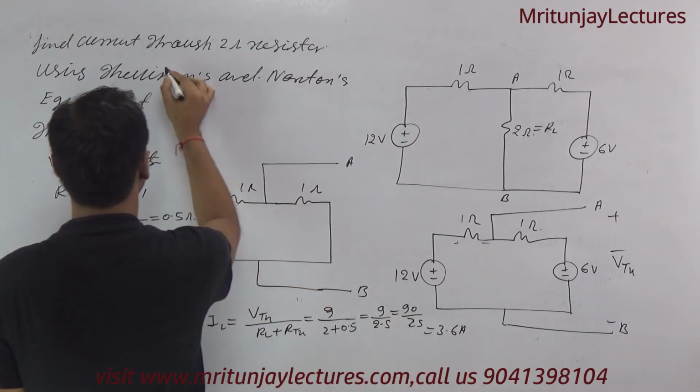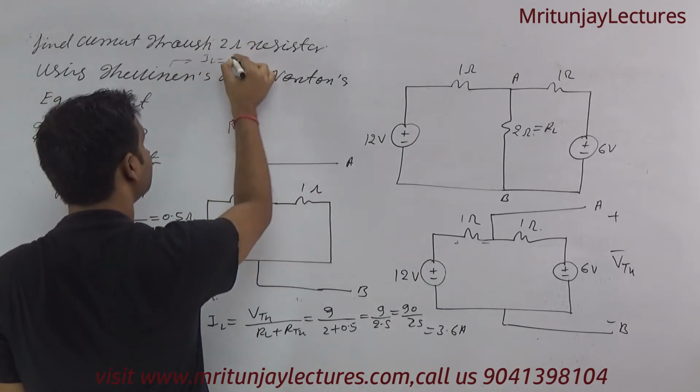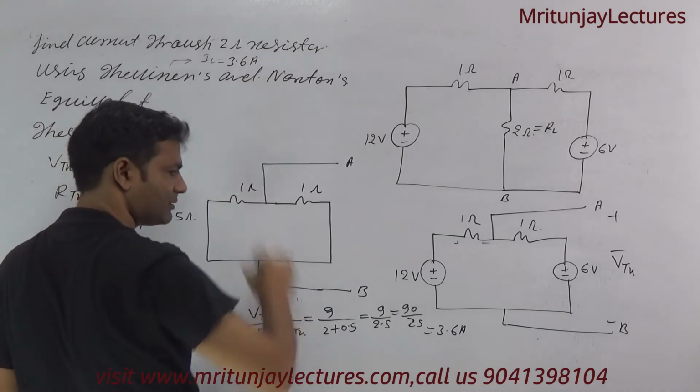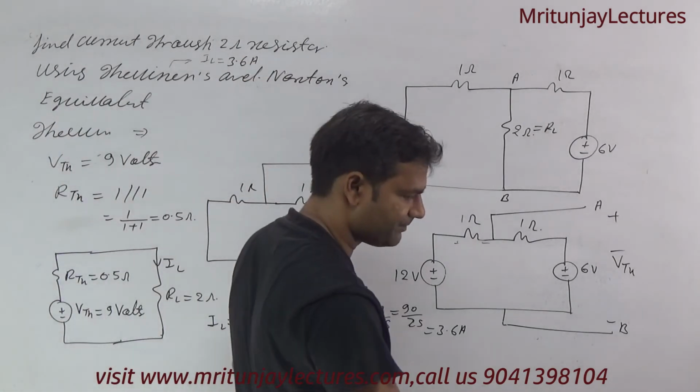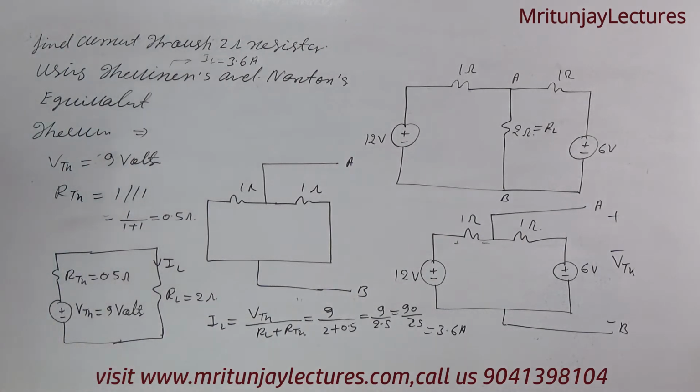So according to this theorem we got IL is 3.6 ampere. If you face any problem, then tell me, sir, I face the problem regarding this one. First of all, make it.